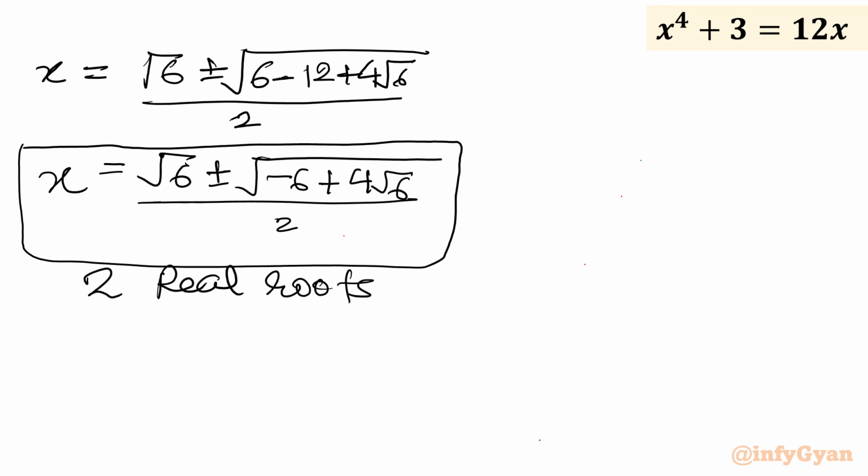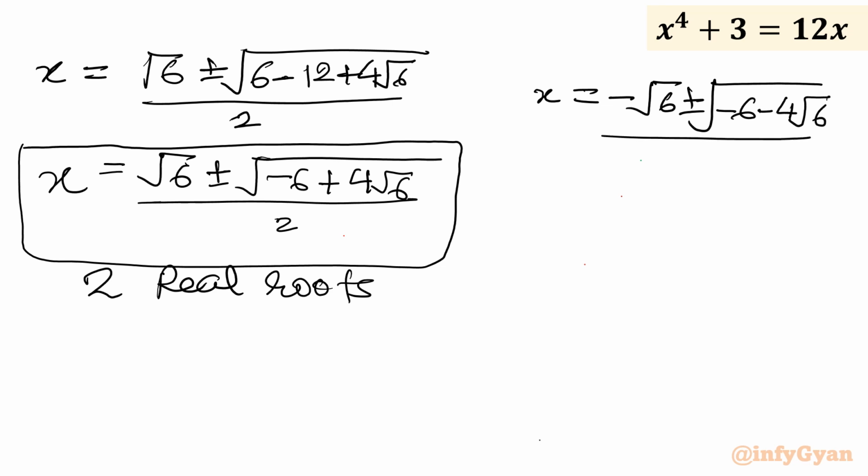Now come to the second equation. If I expand it properly, then I will get minus square root 6 plus minus square root of minus 6 minus 4 root 6, divided by 2. Now you can see, obviously the square root is negative. So we know that from complex numbers i is equal to square root of minus 1.